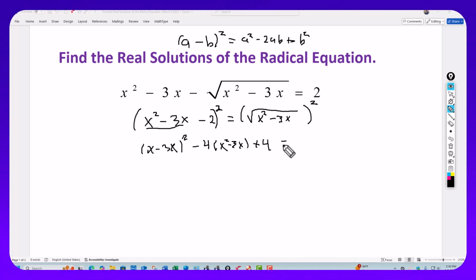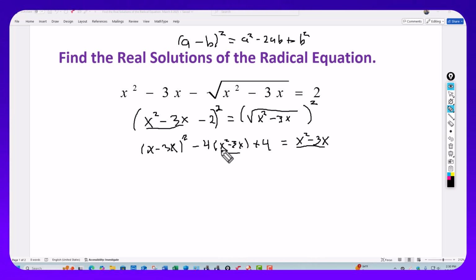And then on the other side, squaring that just eliminates the radical. So I simply get x squared minus 3x. And notice, I have x squared minus 3x there, and x squared minus 3x there. So you can treat that as one term. Bring it over to this side. That becomes a minus x squared minus 3x.